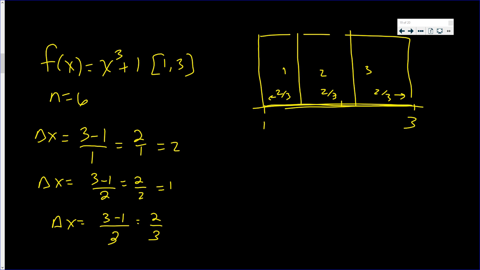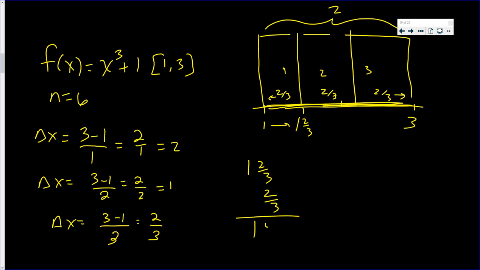Well, I mean, it makes sense. The whole distance is 2, and I partitioned it into 3 regions. So this will be 1 2/3, because 1 plus 2/3 is 1 2/3, and 1 2/3 plus another 2/3 will be 1 plus 4/3, and 4/3 is 1 1/3.